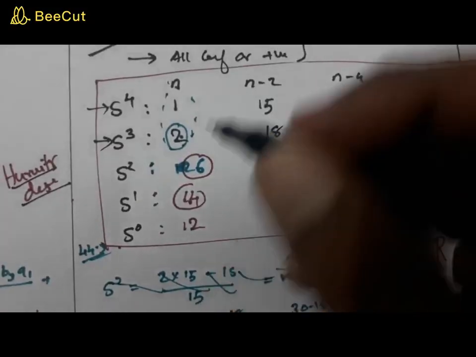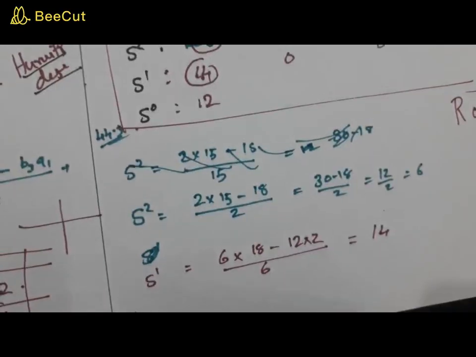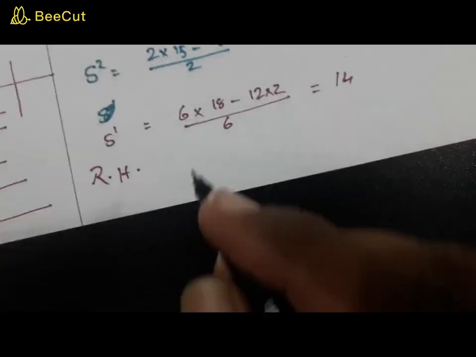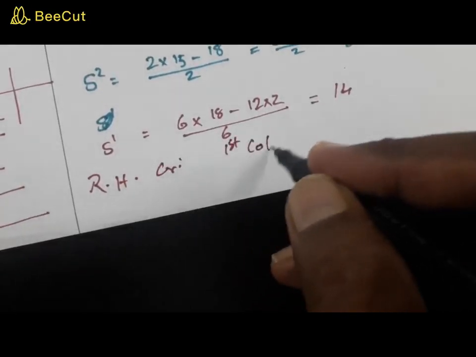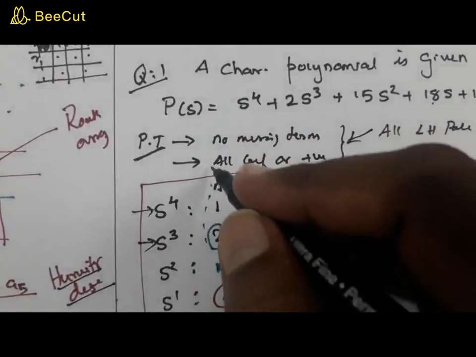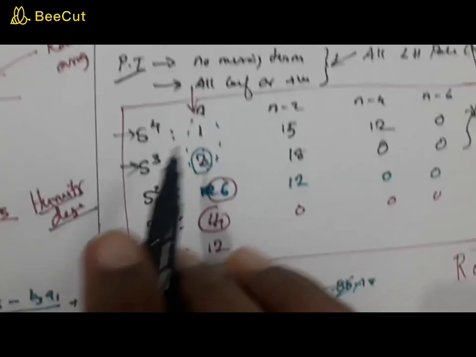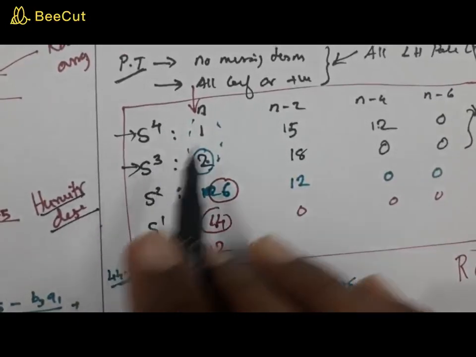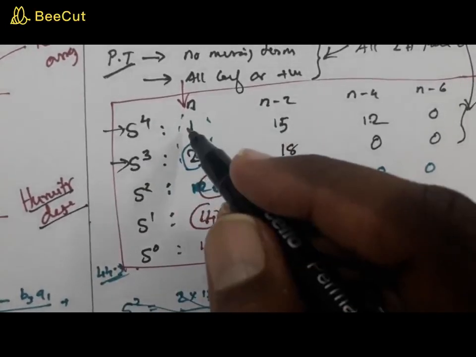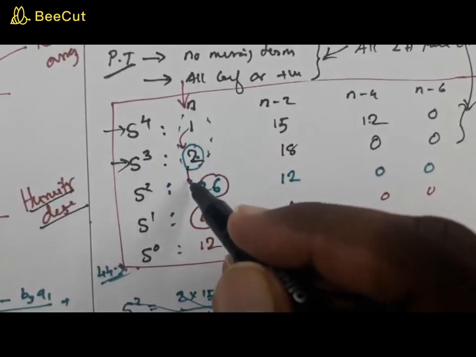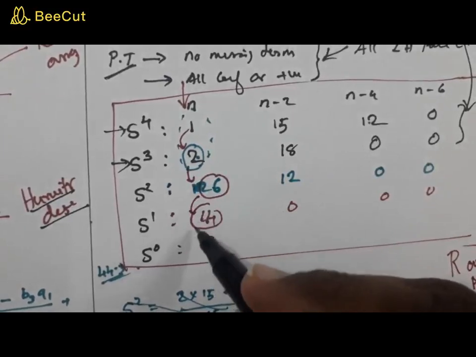Now, what is the criterion? The RH criterion is to be applied on the first column. Consider the first column and find out the number of sign changes. All the elements are positive in nature, right? So there are no sign changes between the successive elements of the first column.